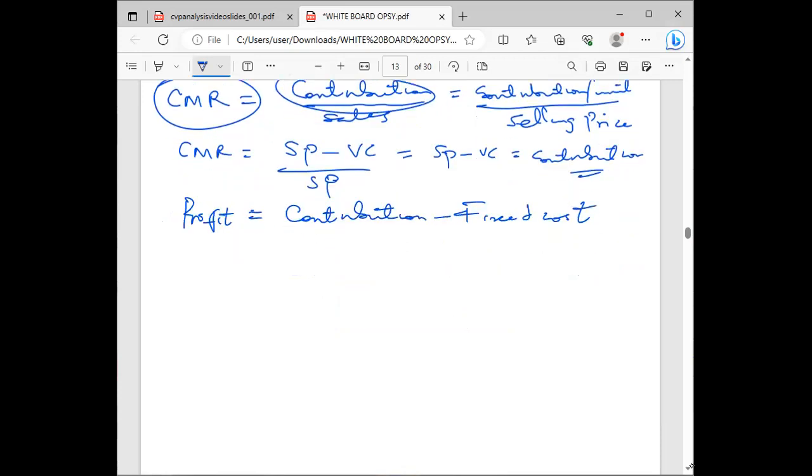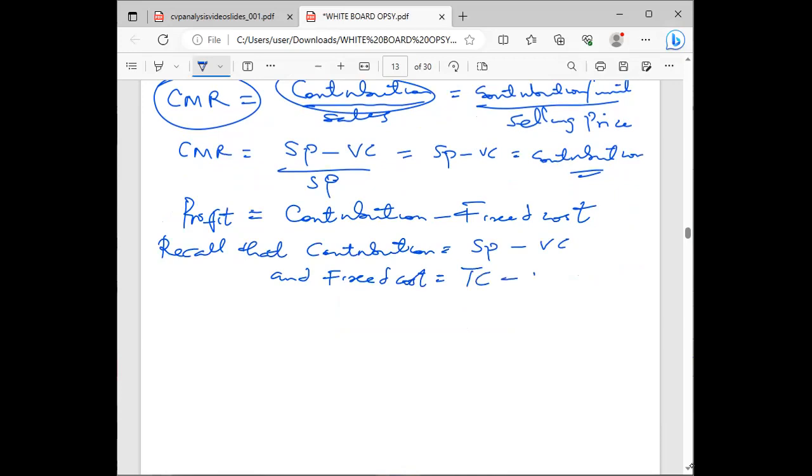Now, let's play with formulas again. Recall that contribution is equal to selling price minus variable costs, and fixed cost is equal to total cost minus total variable cost. In essence, I can say that my profit is equal to SP minus VC minus, in brackets, TC minus TVC.